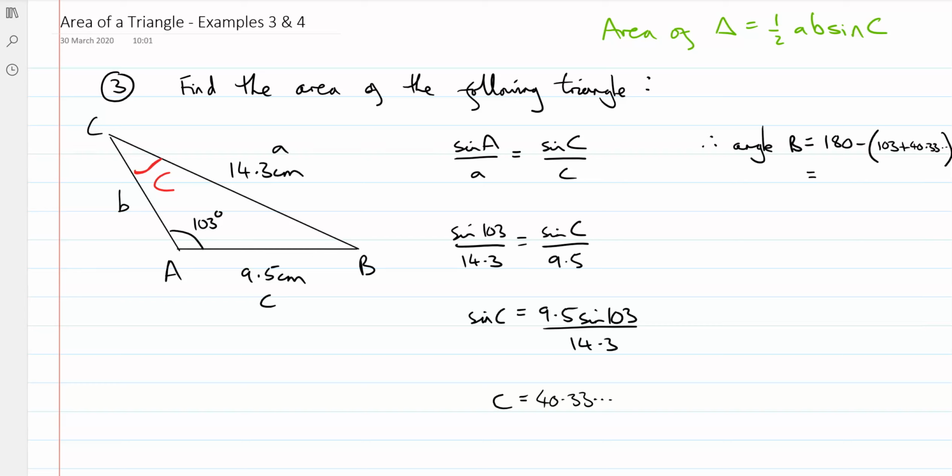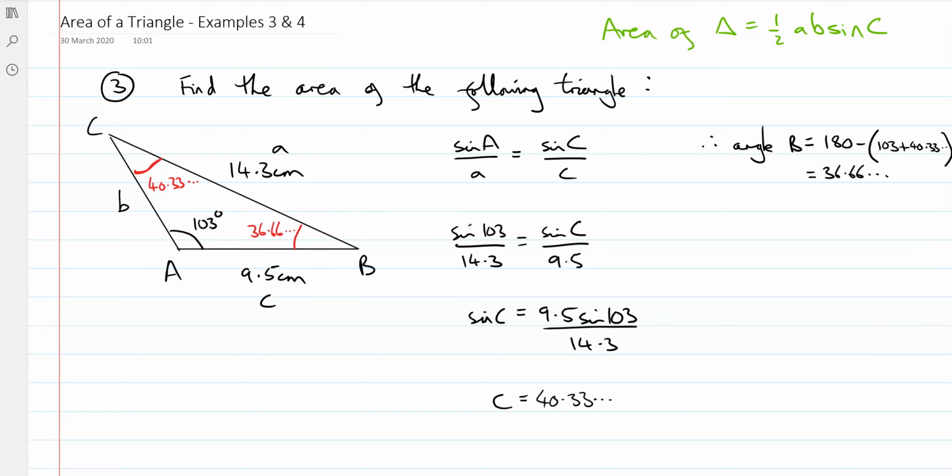You can leave that number saved in your calculator, you can save it as a letter if you want, or just leave it up as the answer, and then you can do 180 minus, and then in brackets 103 plus ans, and you should get 36.66, etc., etc. Okay, so once we've got the angle at C, we can put that in there. That then enables us to find the angle at B, which is 36.66.